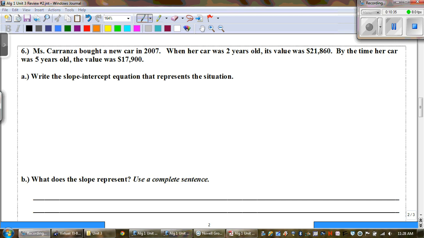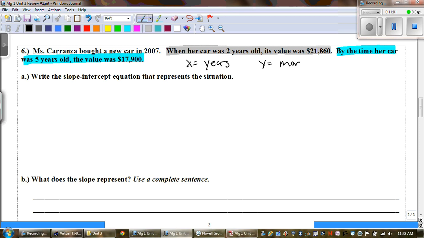Okay, part A says to write the slope-intercept equation that represents this situation. So, as I'm looking through this, I'm looking for my 2 sentences, and within those 2 sentences, they give us the information. So, x equals years, and y equals money.